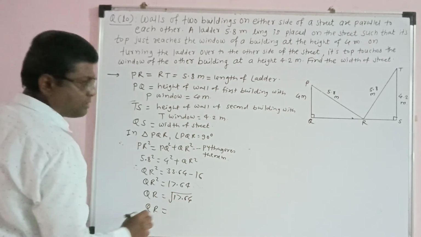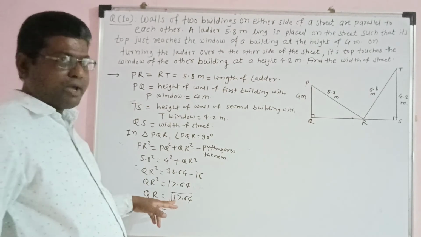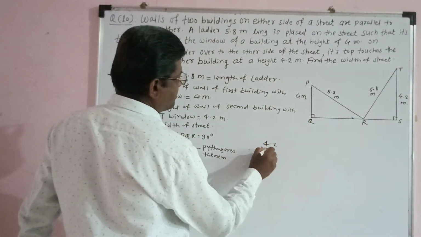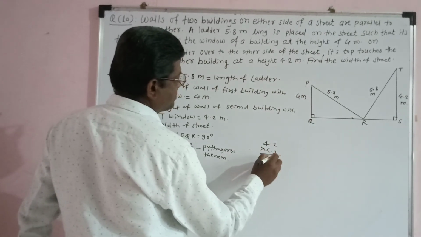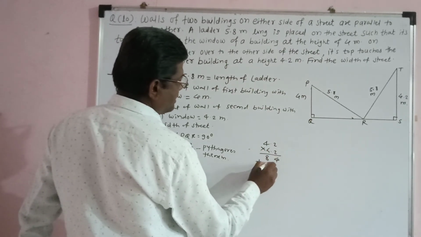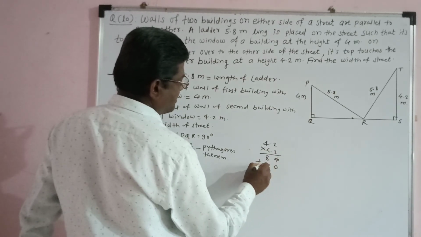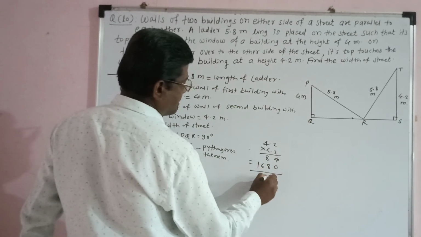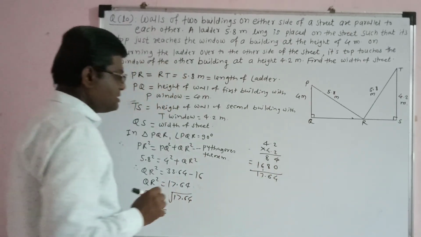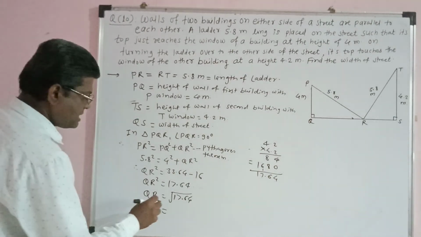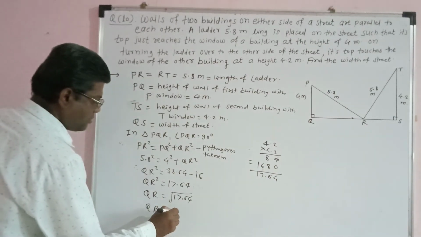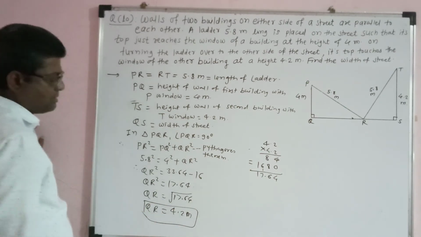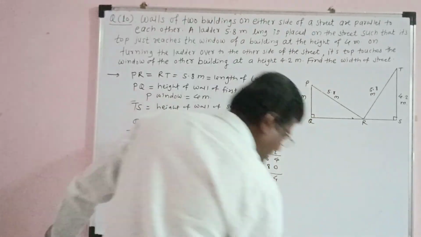If we multiply 4.2 into 4.2, it will be 17.64. Therefore the square root of 17.64 is 4.2 meter. So length QR is equal to 4.2 meter.